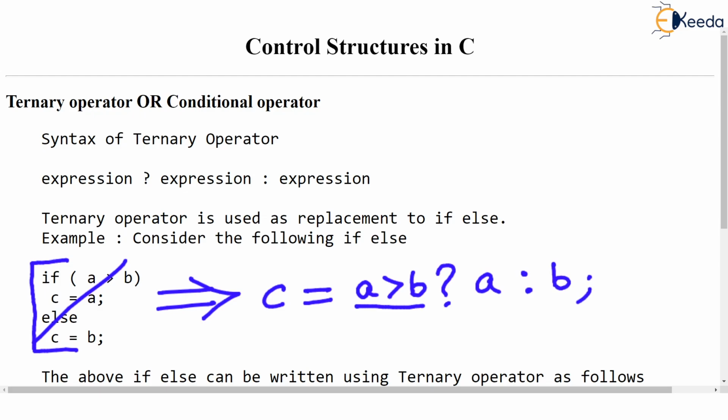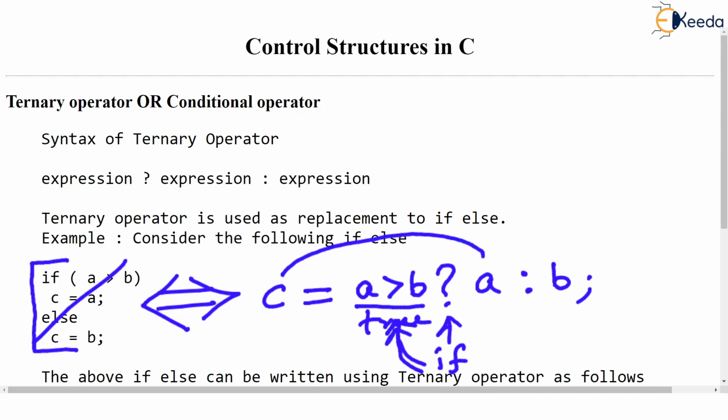Now, whatever I have written here using the question mark is absolutely the same as whatever we have written using if. How to read this? You can read this question mark as if. So we are asking, if A is greater than B, if this condition is true, then make C equal to A. C should become equal to A if A is greater than B, and this colon should be read as else.